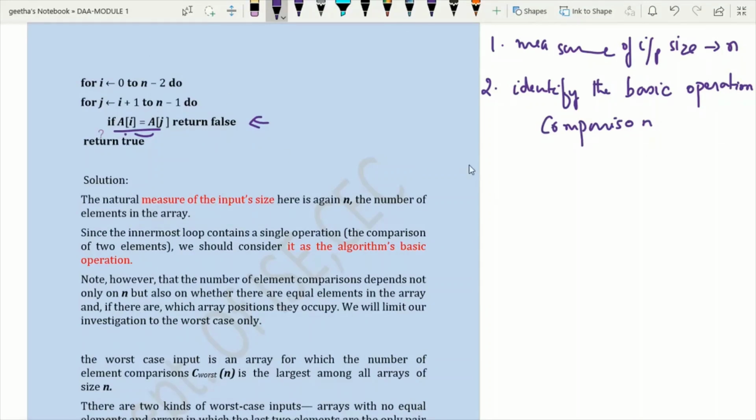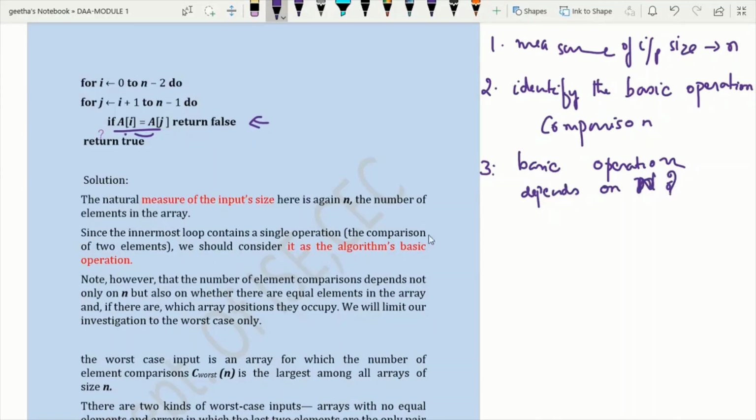Now the third step: we have to check whether this basic operation depends only on n, that is the input size, or not.